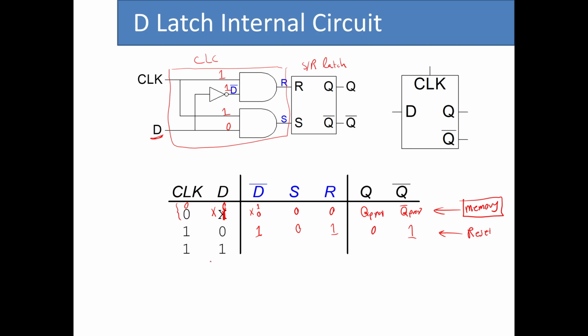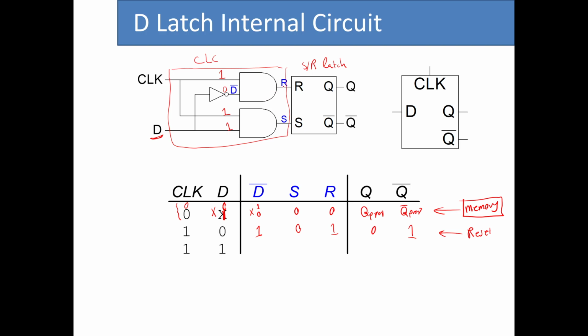Let's just go for the final combination for when clock and D are both 1s. So when clock is 1 and D is also 1, that makes D bar to be 0, and here D is 1.